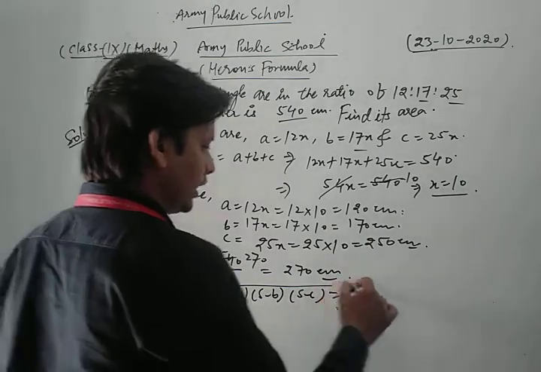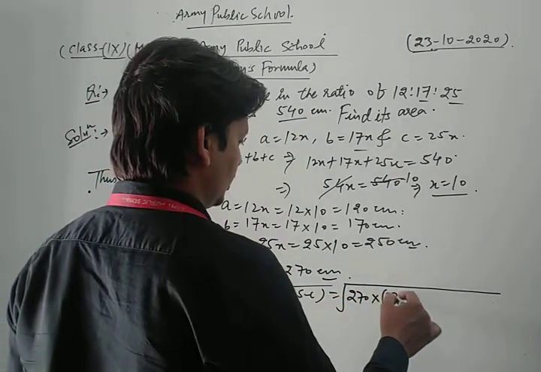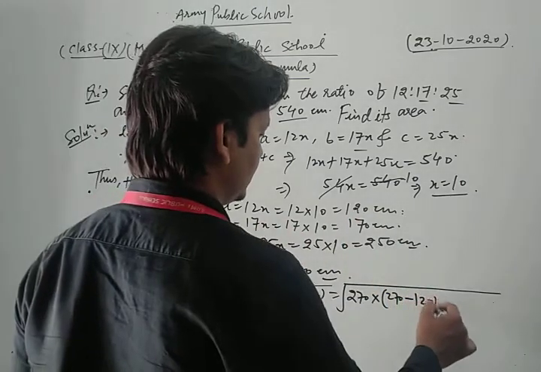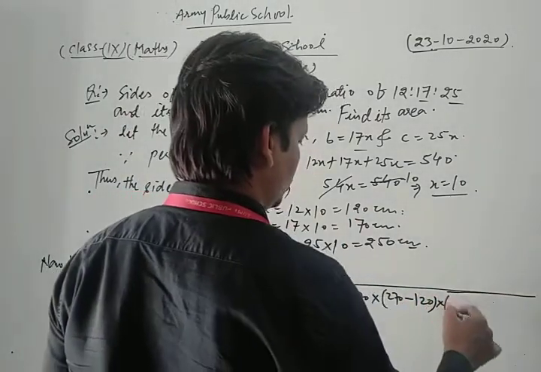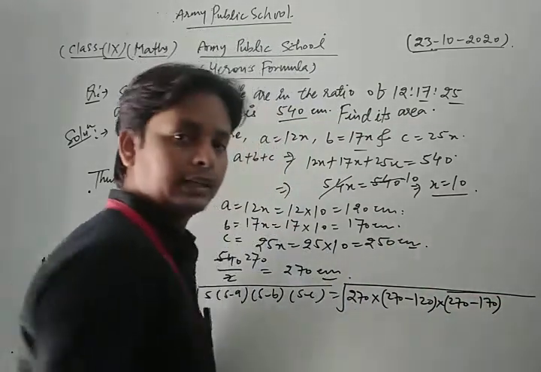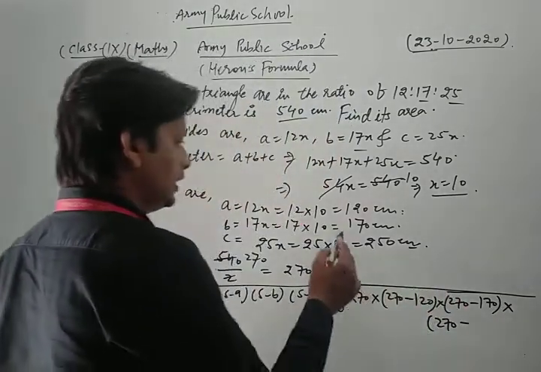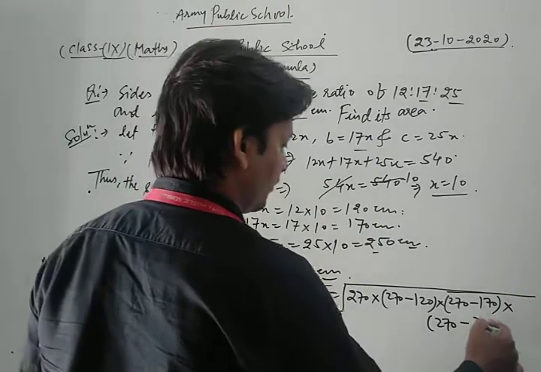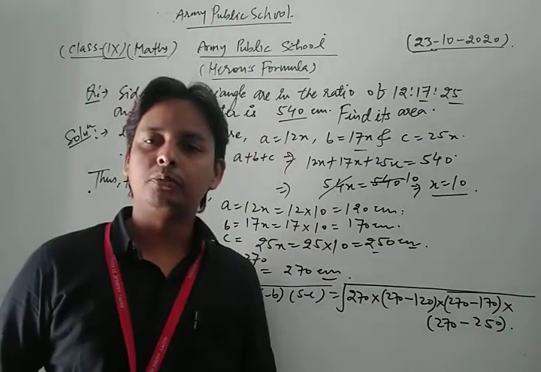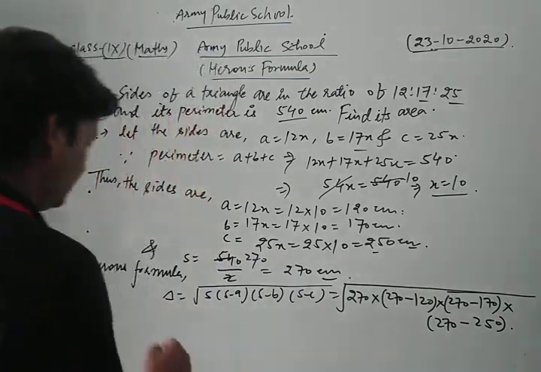Now we put in the values: s is 270, into 270 minus a, where a is 120, into 270 minus b, that is 170, and next 270 minus c, where c is 250. In this way, we put all the values in Heron's formula. Now we simplify them.